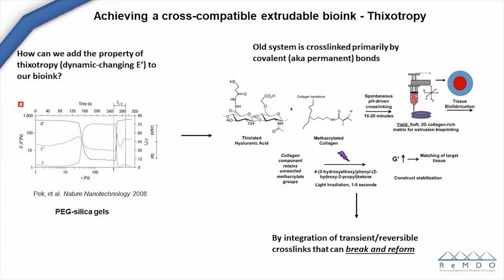And our old system was based on cross-linking of covalent bonds, but we're developing new technology that allow for this transient or reversible cross-links and to make use of this thixotropy property, which is quite useful in bioprinting.